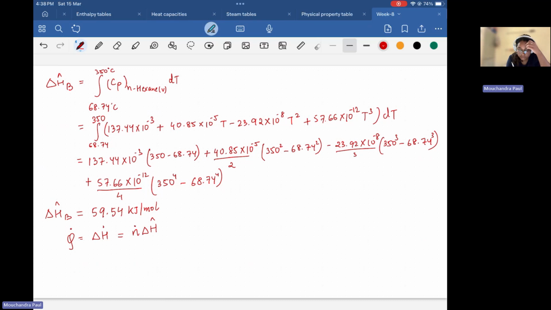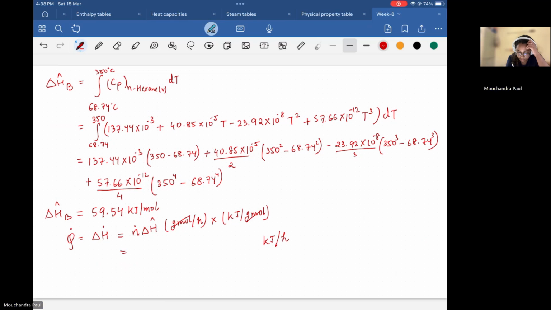This n dot will be in gram mole per hour, and this will be in kilojoule per mole. That means you should get the final answer in kilojoule per hour.